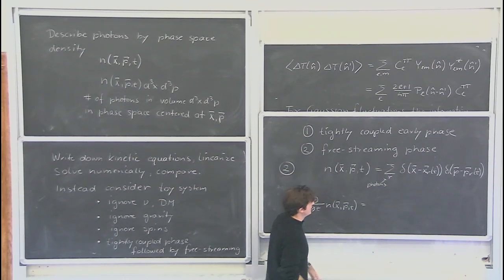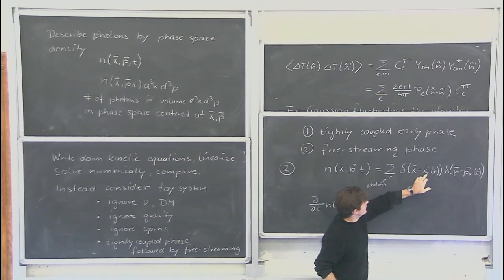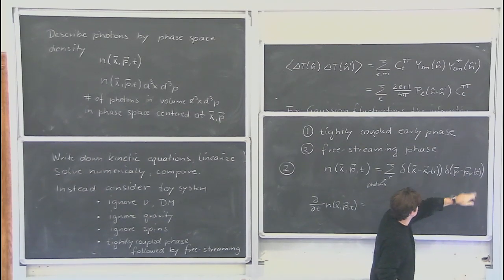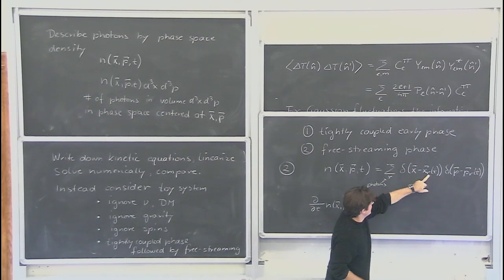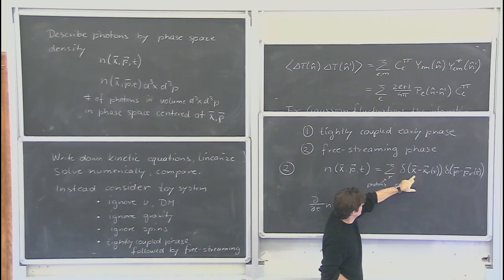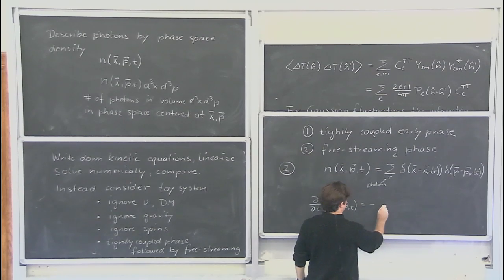It is equal to, first it acts on this piece, so there's a time dependence because the thing moves, and then there's a time dependence because the momentum might change. So when it acts here, it's d by dx_r times x_r dot. Instead of taking the derivative with respect to x_r, I can take the derivative with respect to x if I put a minus sign in there.